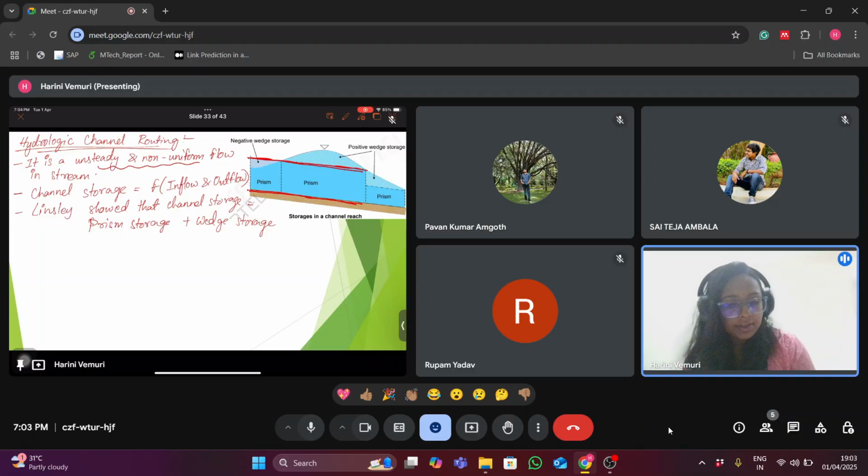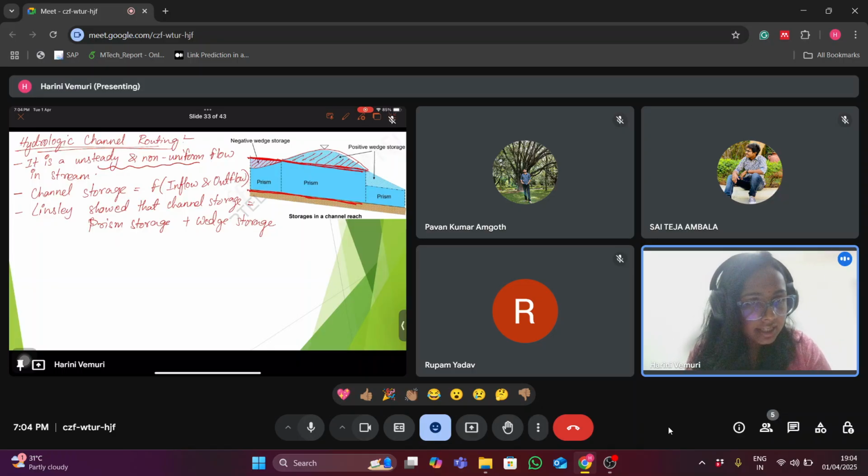Okay. And then we have a wedge storage. This will be the volume that is between the water surface and the parallel line that we have drawn for prism, right? So there is no water in this. So wedge represents this volume. Here the prism line is here, but the water level line is here. So this is the volume or the storage that corresponds to the wedge storage.